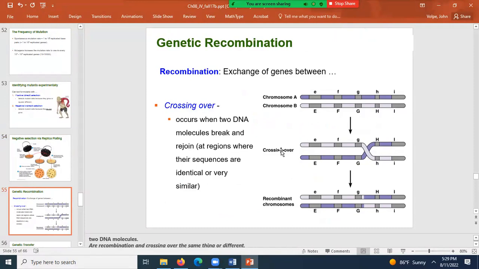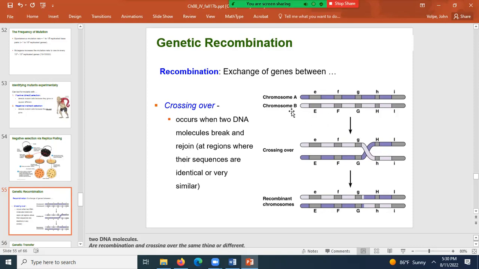Let's talk about genetic recombination. Recombination is the exchange of genes between two DNA molecules, where DNA from one molecule can move to another, and usually when that happens, vice versa, the DNA from the other molecule moves to the first molecule. This can happen in crossing over, where the chromosomes pair.